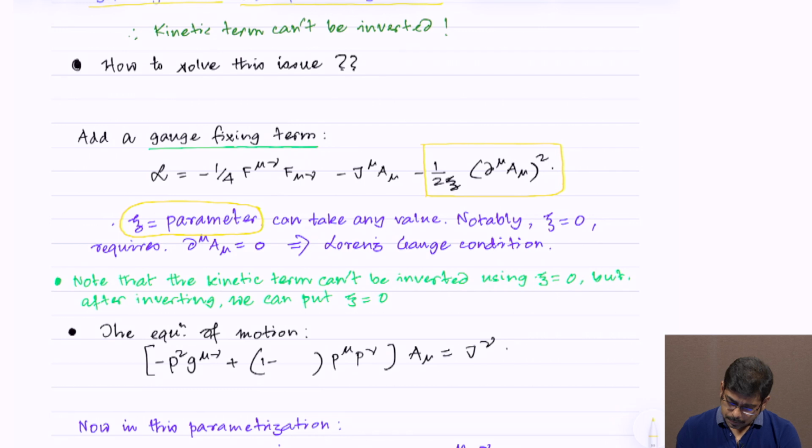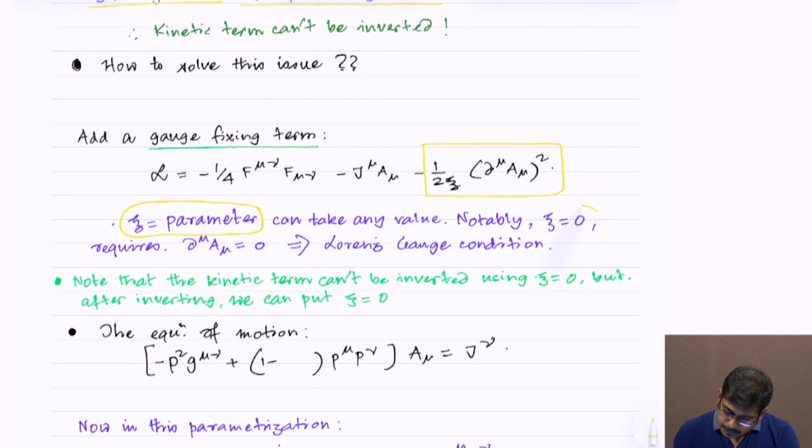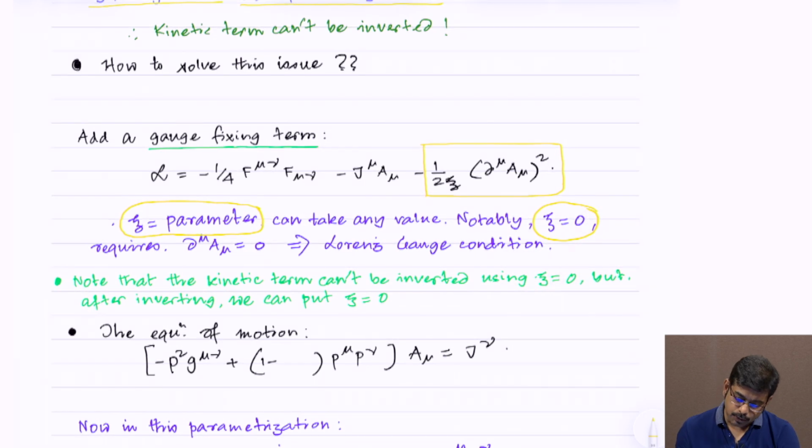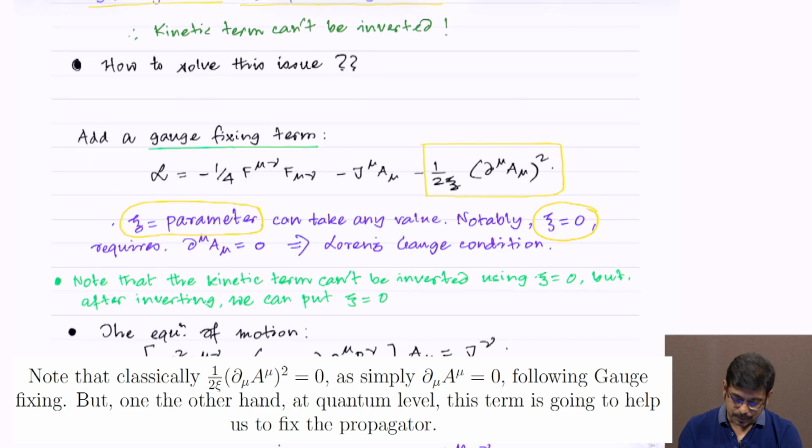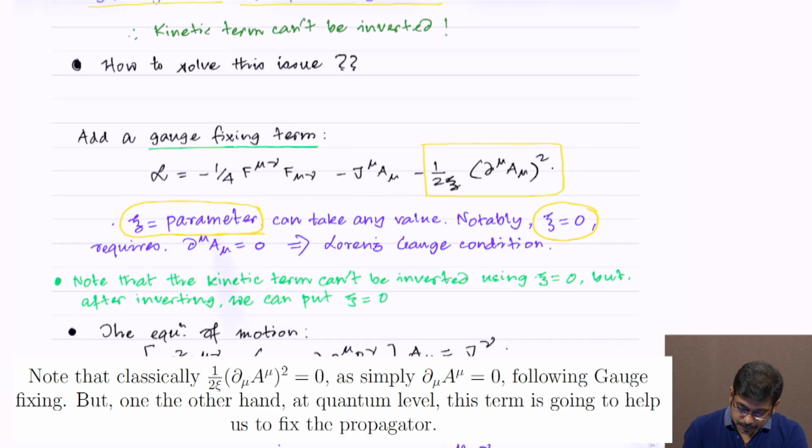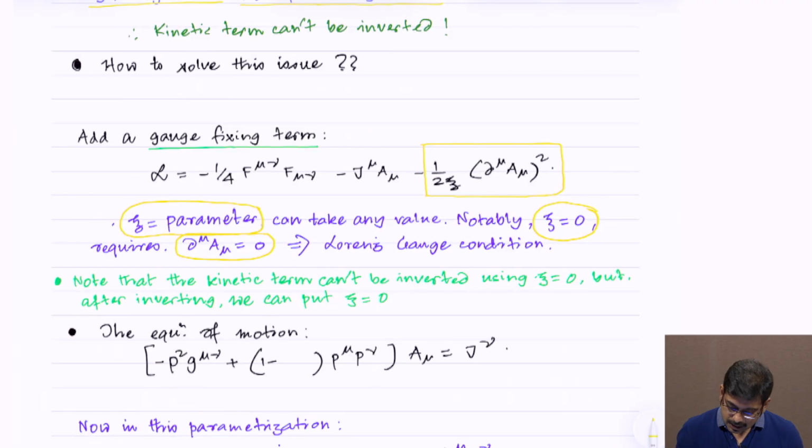However, one thing that we observe is that if we want to keep this ξ equal to 0, then this requires ∂_μ A^μ equal to 0, correct? Because otherwise this term will not be defined. So, ξ equal to 0 necessitates ∂_μ A^μ equal to 0. Now, do you recall that ∂_μ A^μ equal to 0 is a specific gauge condition, and that is precisely what we called the Lorentz gauge condition?